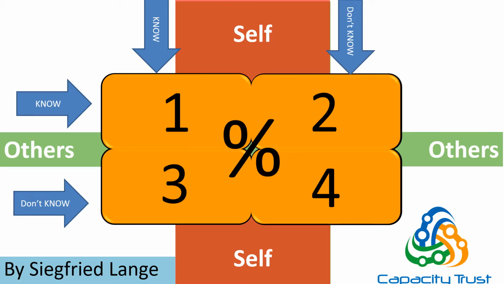What percentage do you ask in each one of these quadrants? Are you mainly asking questions in quadrant 1? And if that's the case, what does it say about your opinion of other people's knowledge? Do you ask mainly in quadrant 2?